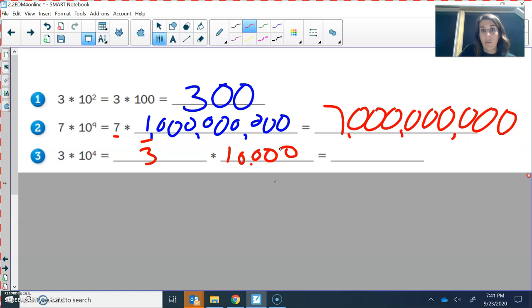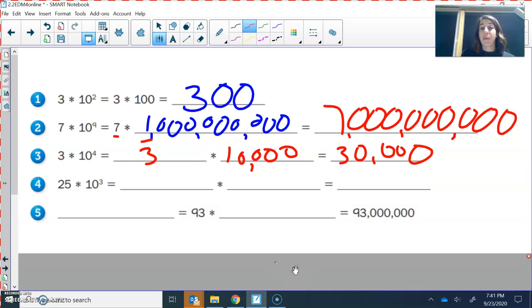A lot less than 1 billion. This time it's only 10,000. See if you can solve that problem now. You should have gotten 30,000 as your answer. Great job. If you didn't, consider what did you do wrong? Where did you go wrong?